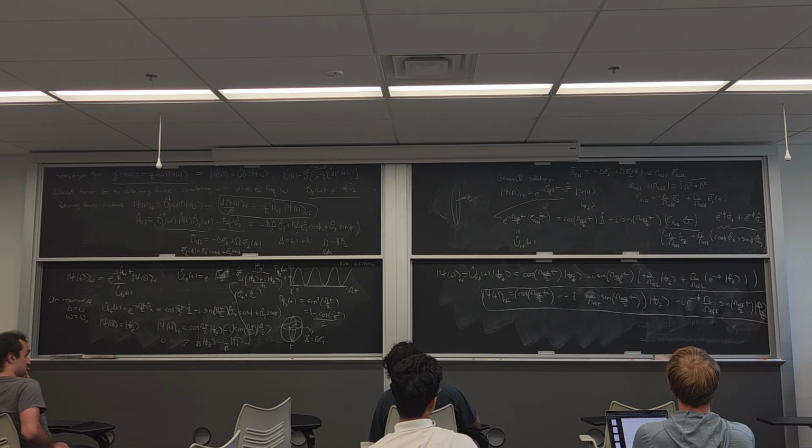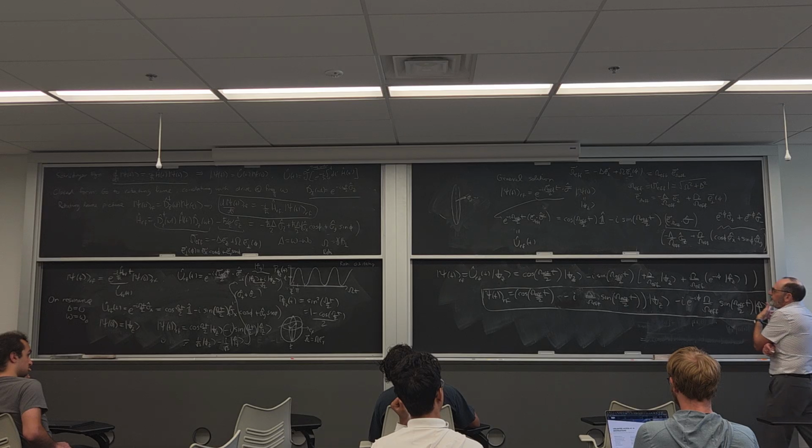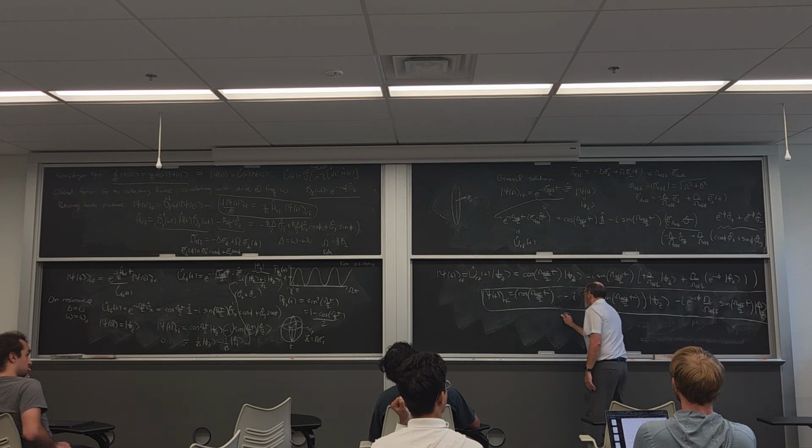So, this is the general solution. We solved this in the Heisenberg picture more easily, but in the Schrodinger picture, this is what the amplitudes are, okay? And this is representing Larmor precession around some axis.